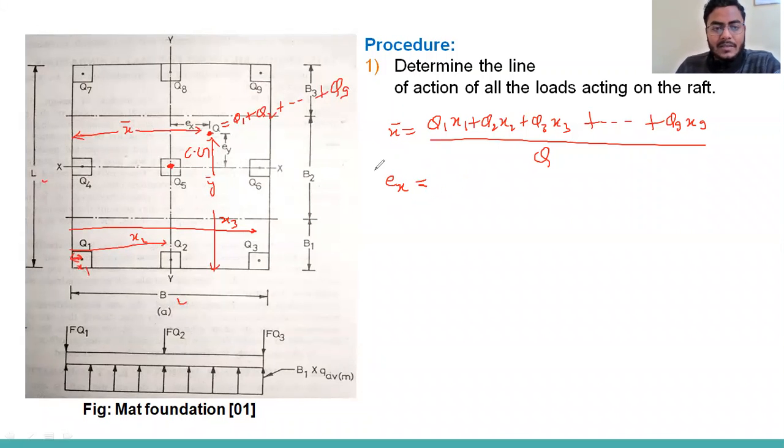What will be the EX? See this distance from here to here, that is B by 2. So we can calculate EX as X bar minus B by 2. Similarly, we can calculate EY.